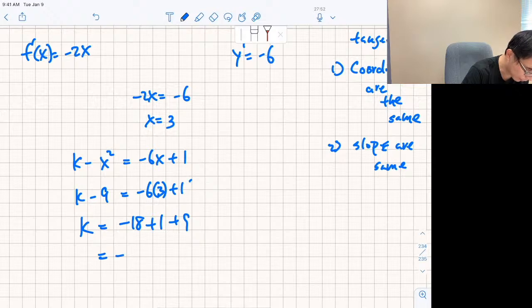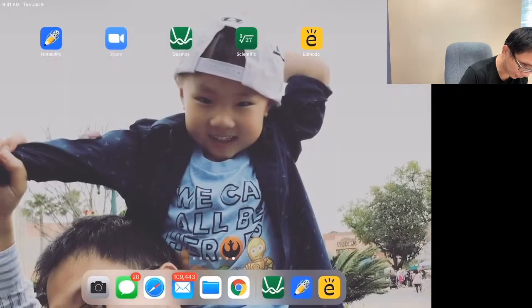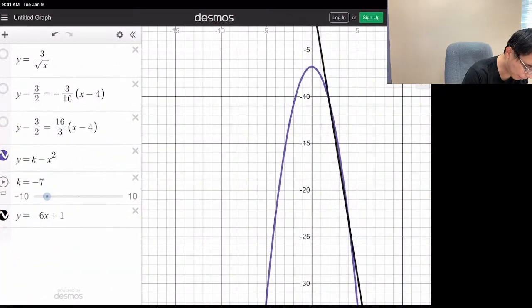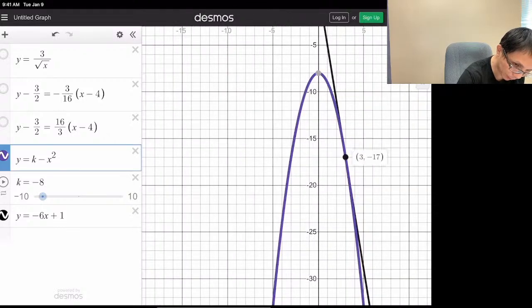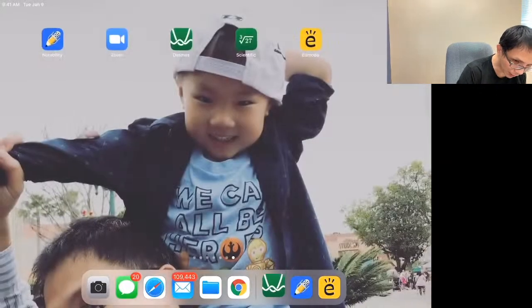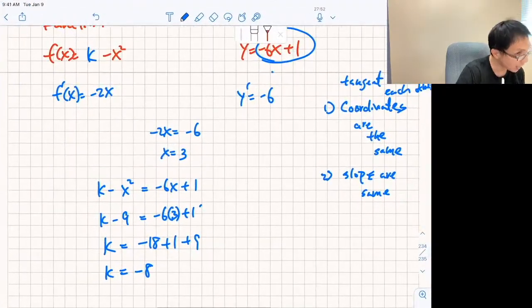Which is negative 8. And look at here, negative 8. Look at that, that's beautiful. It's tangent to each other. There's only one value where they are tangent to each other, and we just find it by using the idea of tangent.